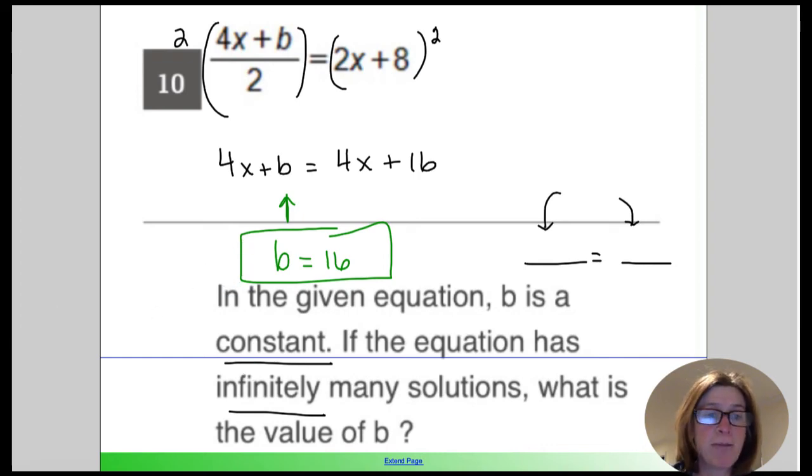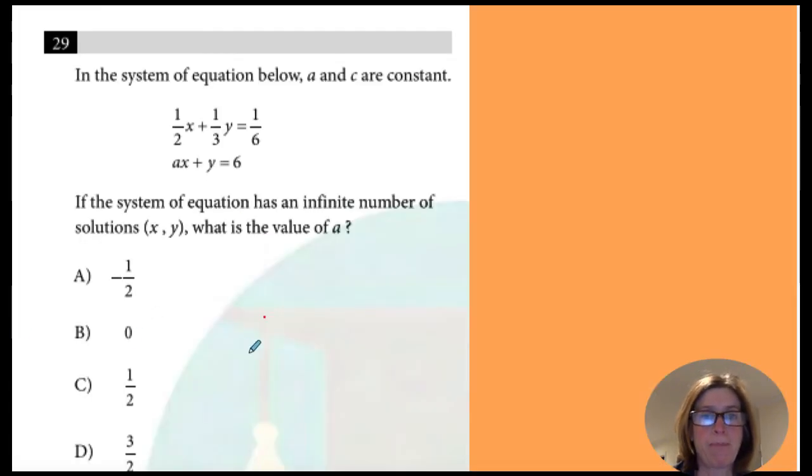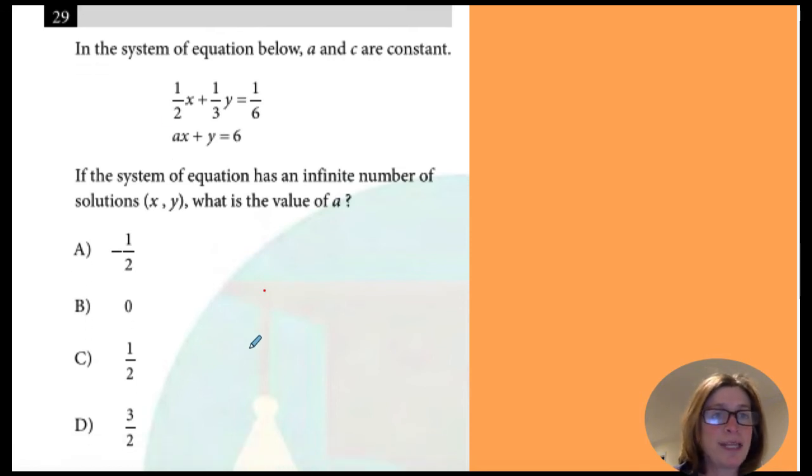All right, let's look at one with a system. Question 29 on the calculator section means it's harder, because 30 is the hardest. In the system of equations below, a and c are constants. There's that word again. It just means a number. If the system of equations has an infinite number of solutions, what is the value of a?